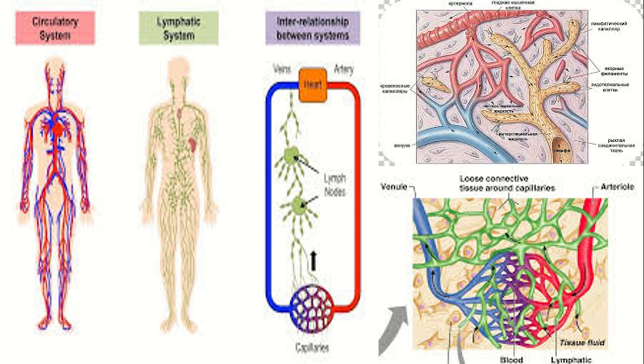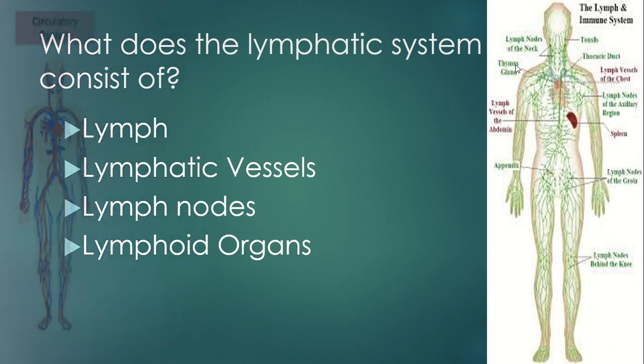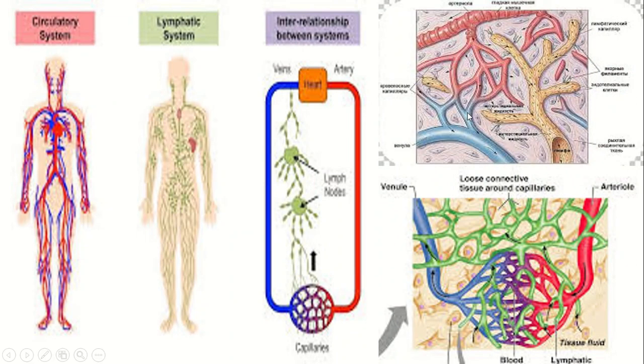In this diagram you may see the capillaries, and here these are the lymphatic vessels. When the blood flows through the capillary walls, a portion of the plasma from the blood passes into the intercellular spaces, behaves like interstitial fluid, surrounds and nourishes the cells, and is immediately carried away by the circulatory system.